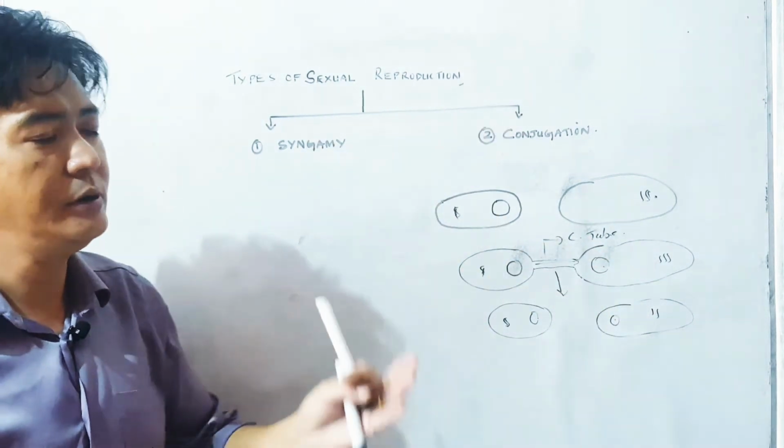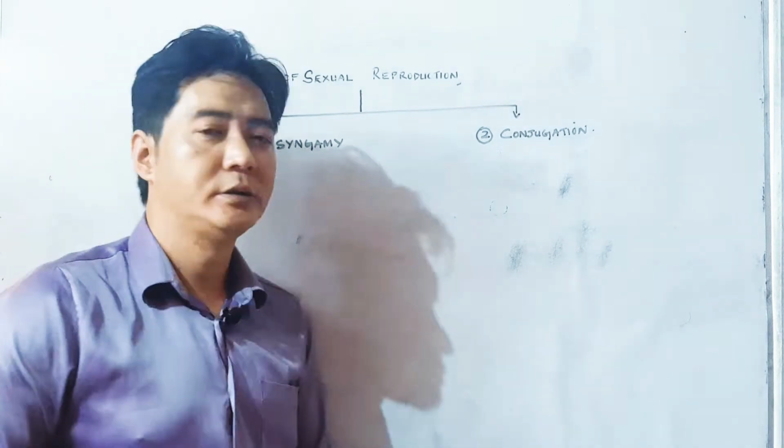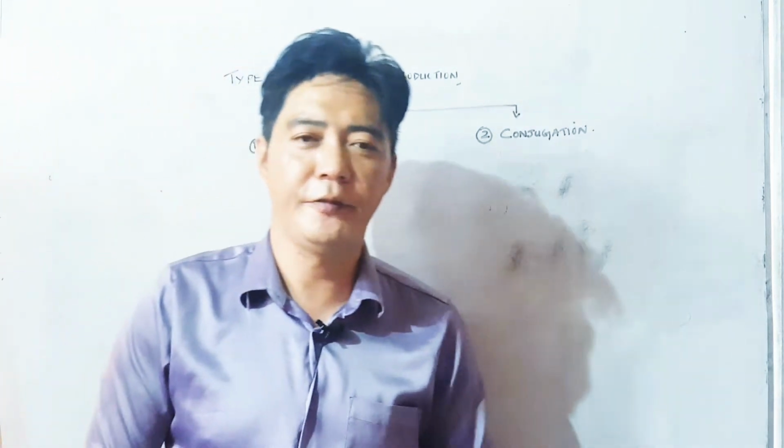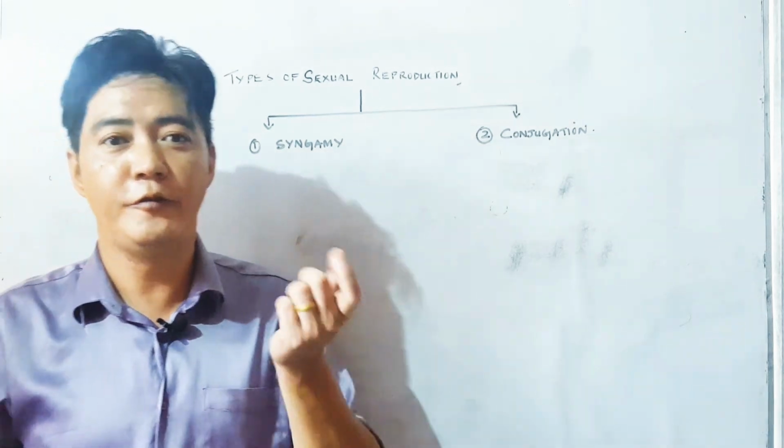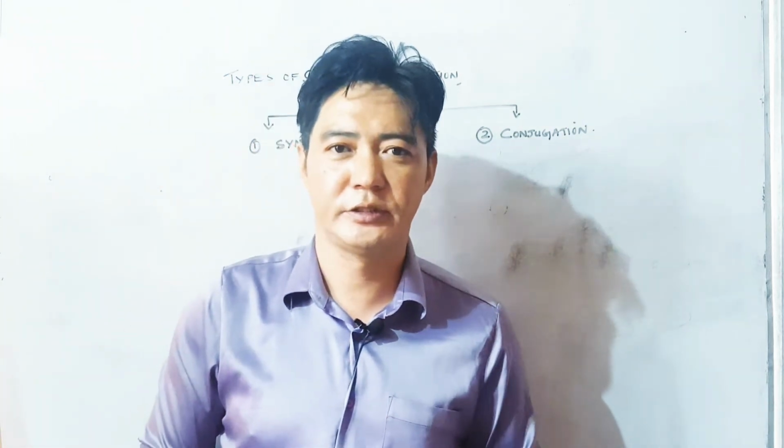For example, Spirogyra. In syngamy, different types of gametes are permanently fused to form a zygote.